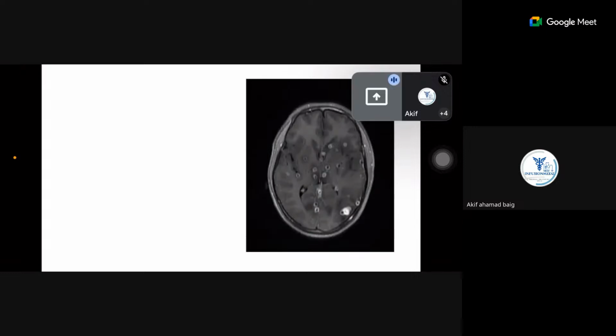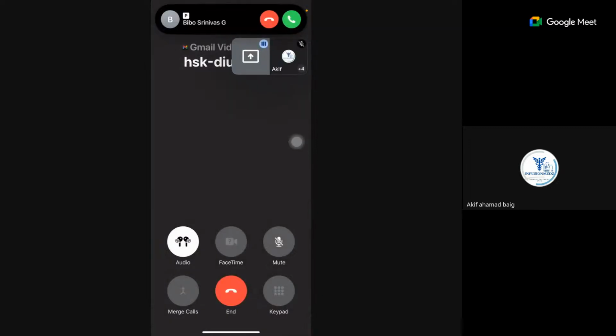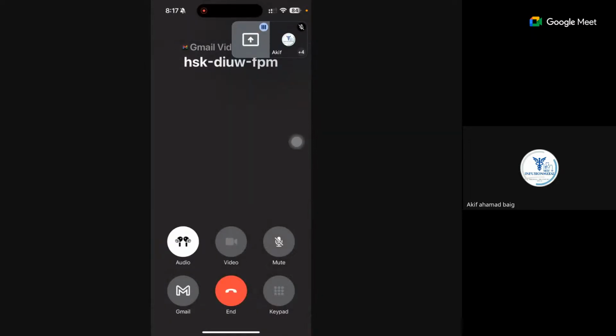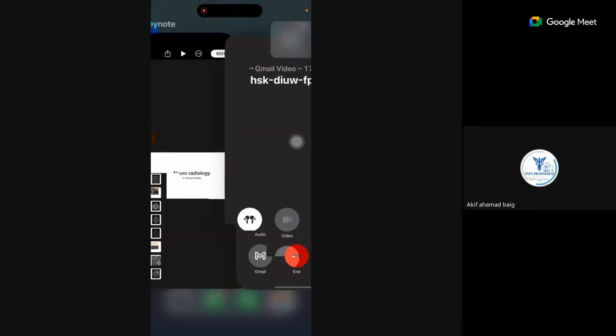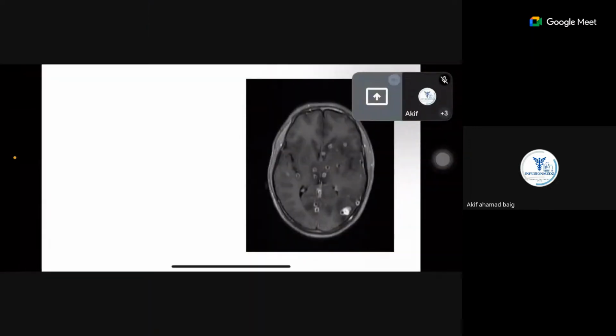So now since we already talked about metabolic components and acute ischemic stroke, we switch to infections. Why neurocysticercosis?